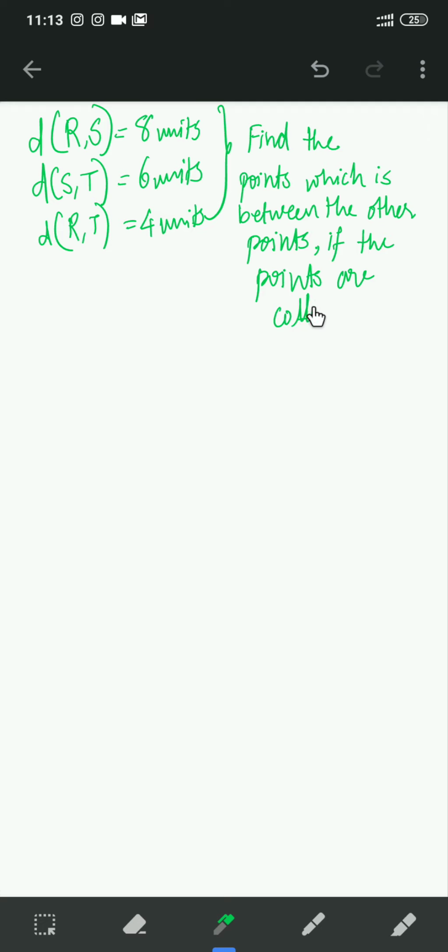Okay, so this is a challenge. Now, here we need to first find out whether the points are collinear. All right. So let's take the largest distance.